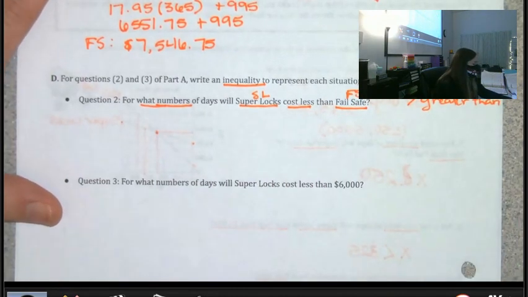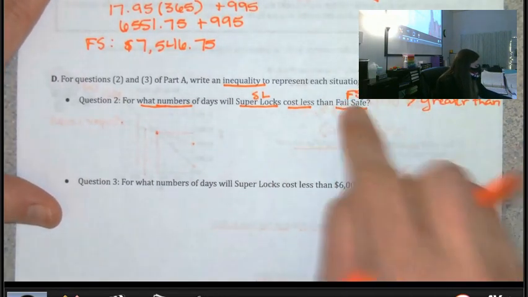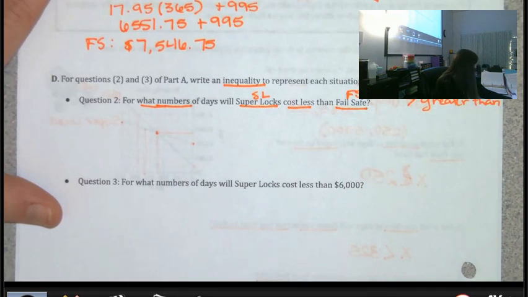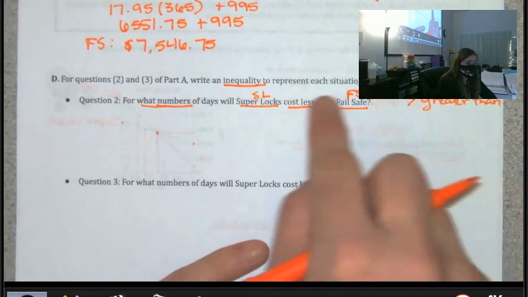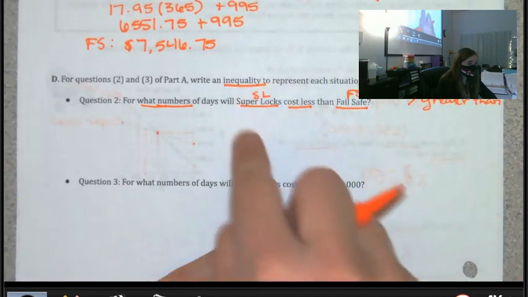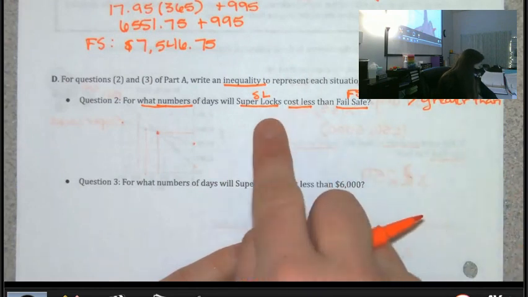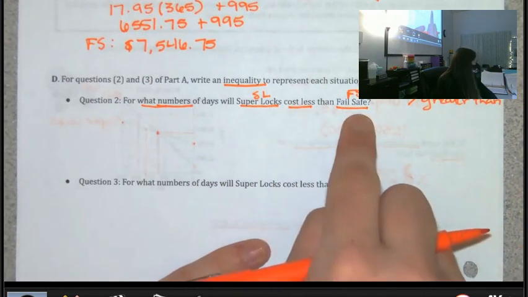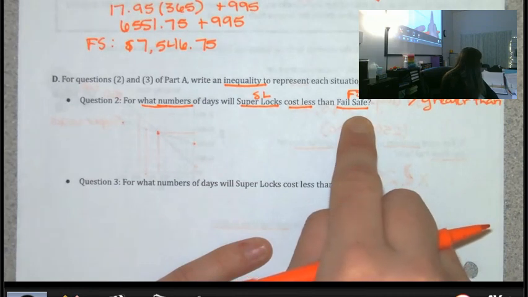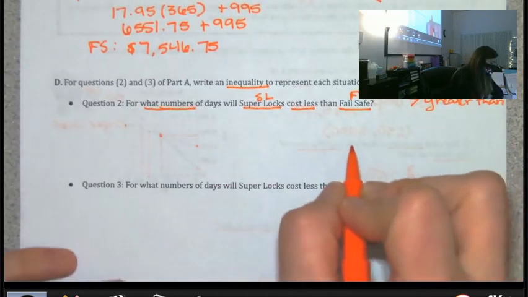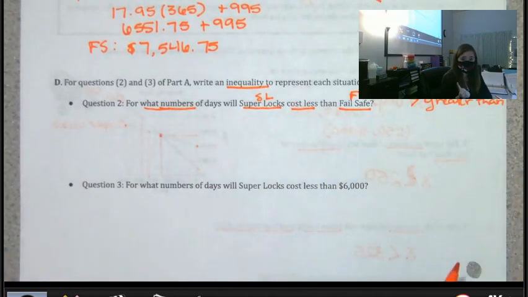Okay, so if I'm going to write an inequality, which way does my alligator need to go? Which way does my inequality need to face? Who does he need to eat, if you would say, to show that one of them is more than the other? So I want superlocks to be less than failsafe. So which way does my inequality need to go? Because remember, he's going to eat the bigger number.